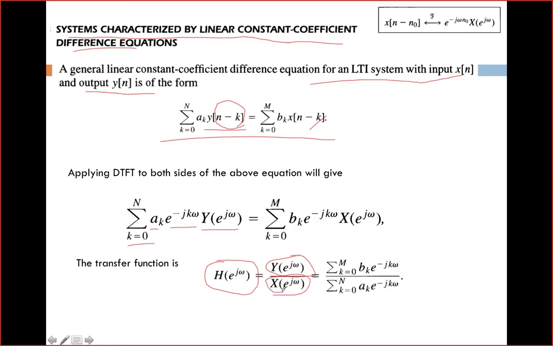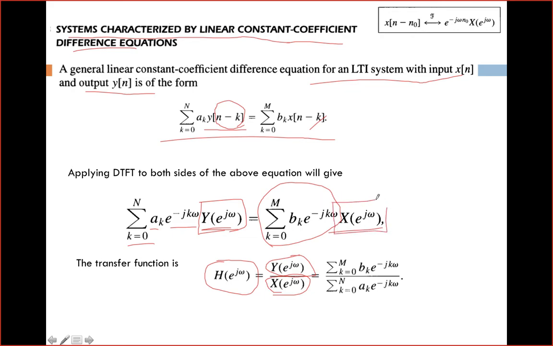We are going to find the ratio of these two things. Of course, there is no relationship between this summation and the transform of input and output signal, because I don't find any k in X of e power j omega and Y of e power j omega.